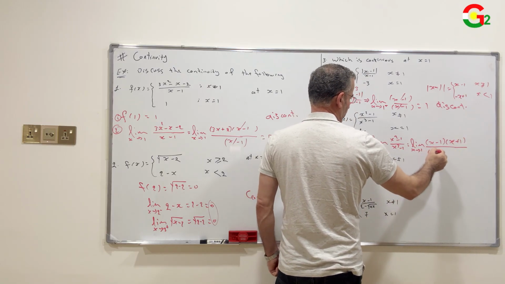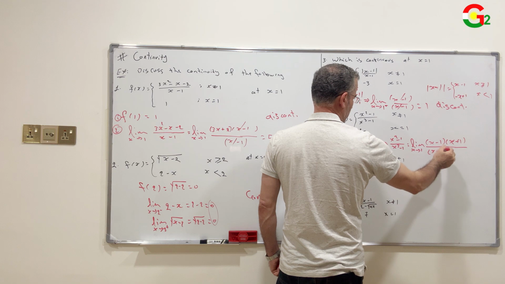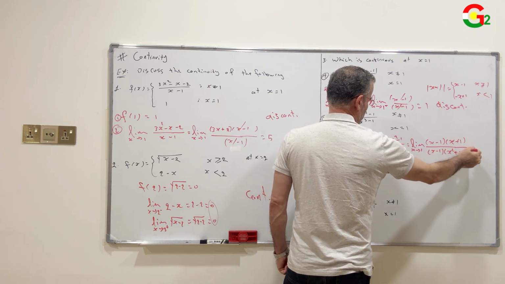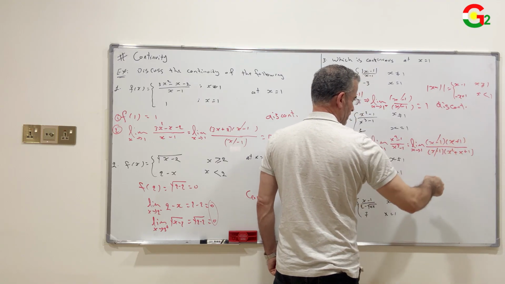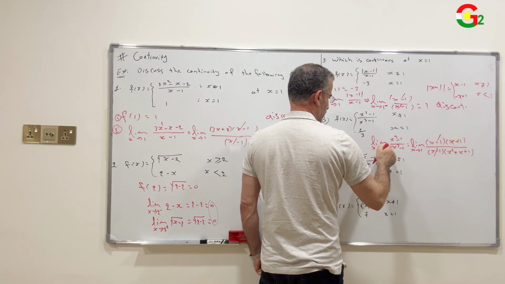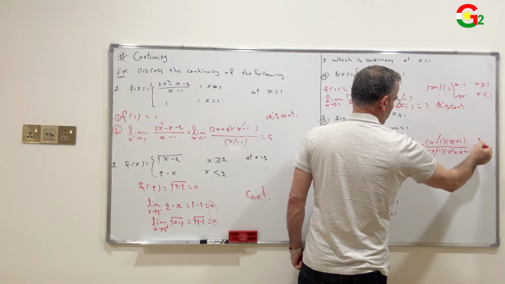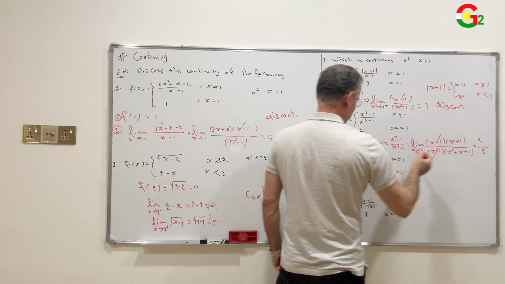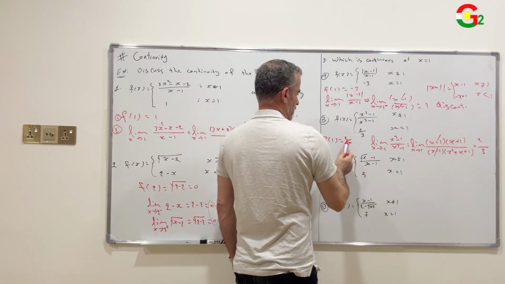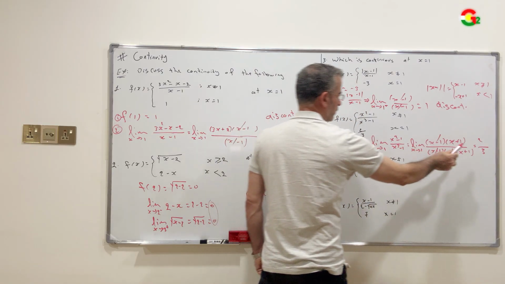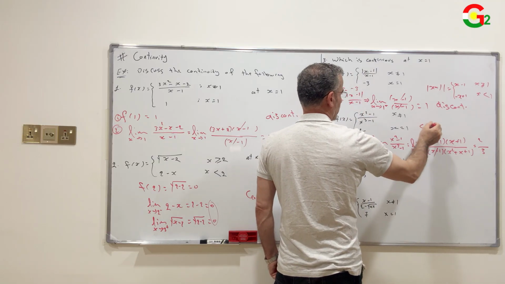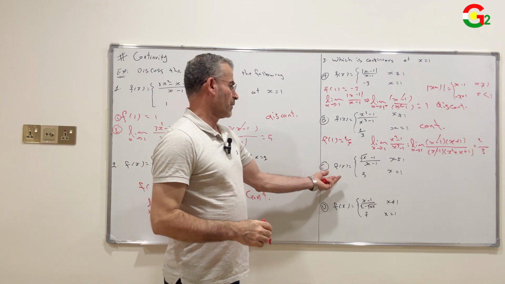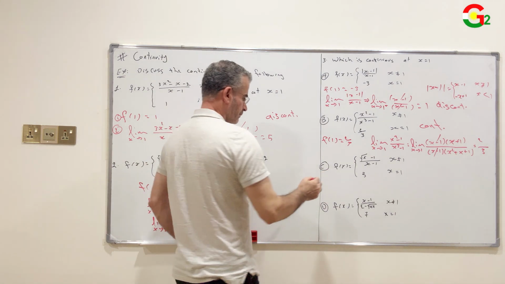Analyze the denominator as a difference of two cubes: (x − 1)(x² + x + 1). Reduce x − 1 with x − 1, substitute every x with 1: 2 over 1 + 1 + 1, 2/3. Since the value of the function equals the limit of the function, this function is continuous at x = 1.